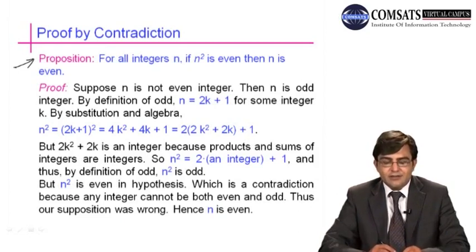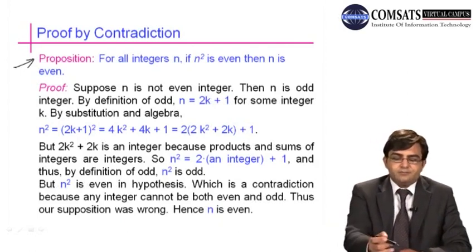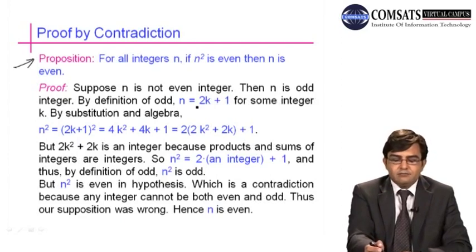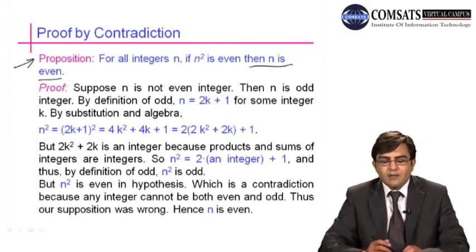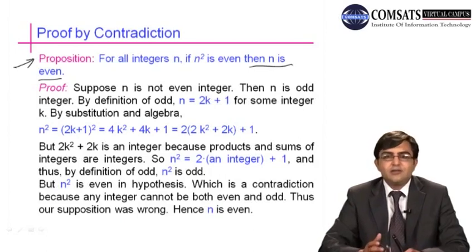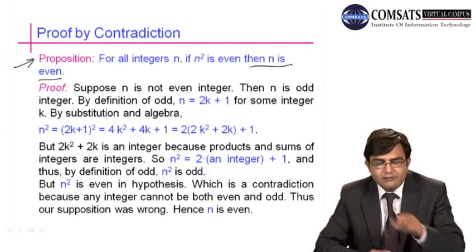This is the same statement. We now are going to prove it by the method of contradiction. So again, what we have to prove is that n is even; we suppose that this is false, or not q of x is true. We suppose that n is not even.